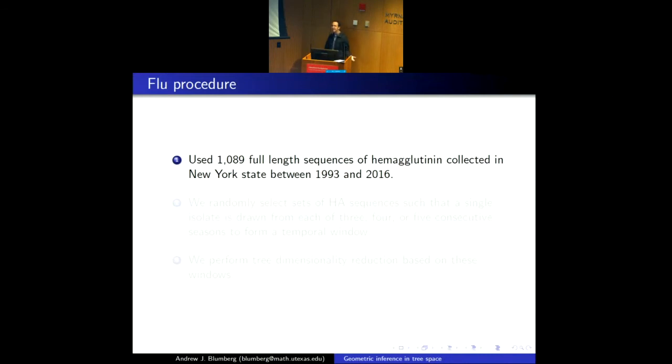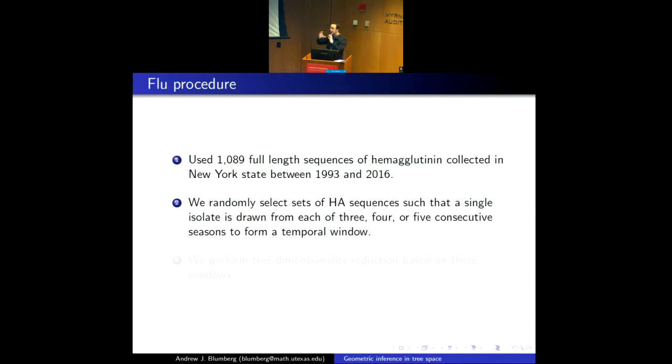But of course, if the leaves have labels, corresponding to spatial or temporal information, you can use that in your subsampling. So what we did here was we subsampled according to little time windows. We had a sliding window of years, and we subsampled to get random samples from contiguous years and performed the tree dimensionality reduction based on the sliding windows.